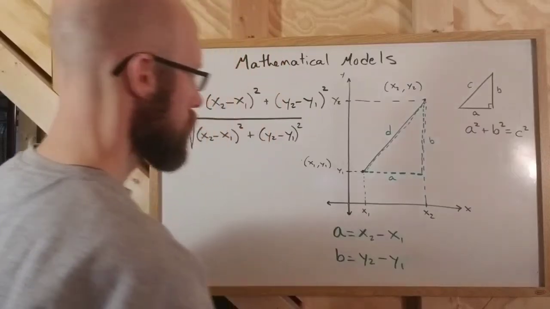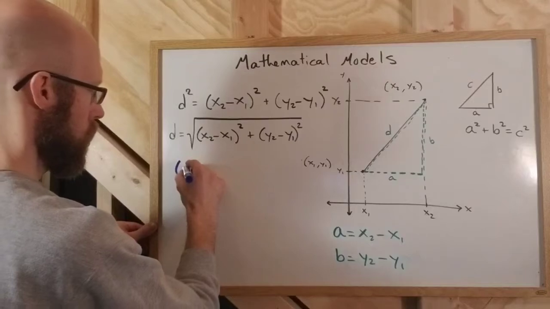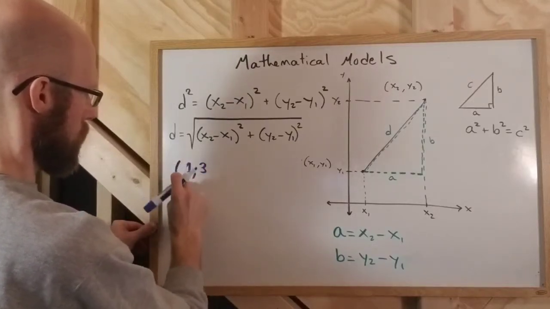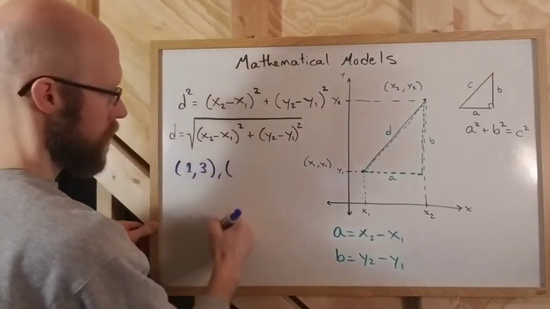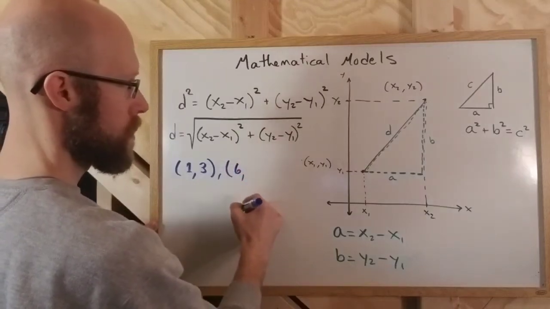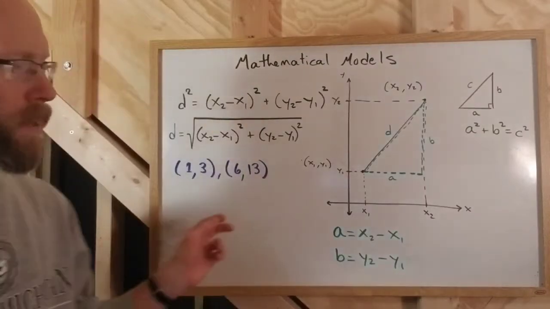If I was looking for the distance, let's say the 2 points were (1, 3), and let's say (6, 13), for instance, something.